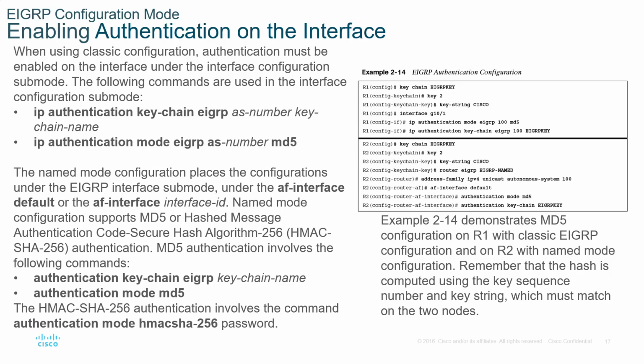So keychain, EIGRP key, key 2, key string Cisco, and then you go into your interface and tell it to start authentication. So IP authentication mode EIGRP, followed by the autonomous system number and the mode that you're going to use, so MD5. IP authentication keychain, and then again tell it which protocol you want to apply the keychain to, EIGRP 100, and then the name of the keychain.